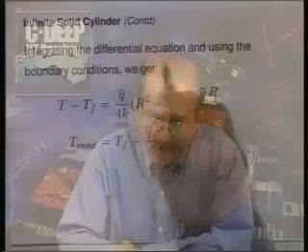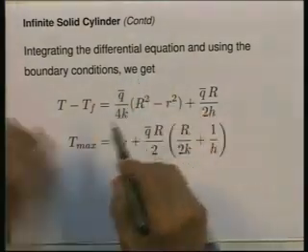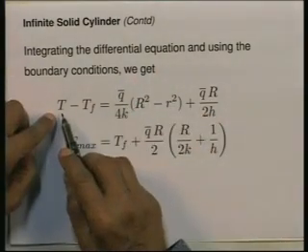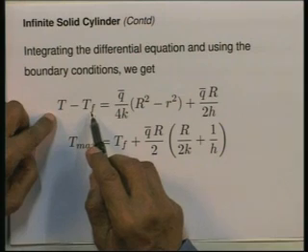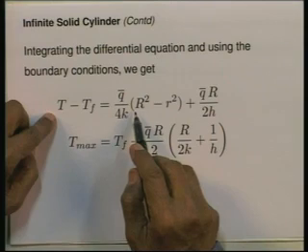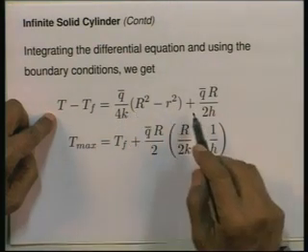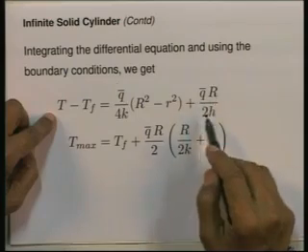Now, if you integrate the differential equation and use the boundary conditions, we get the solution to be T minus T_f is equal to q̄ by 4k into (R squared minus r squared) plus q̄ R by 2h.